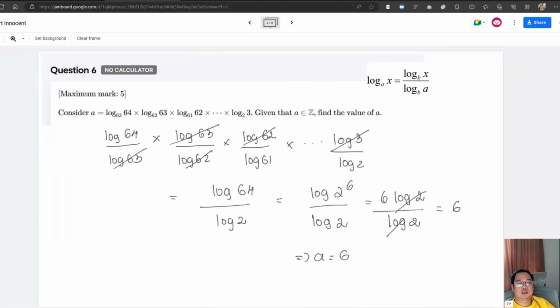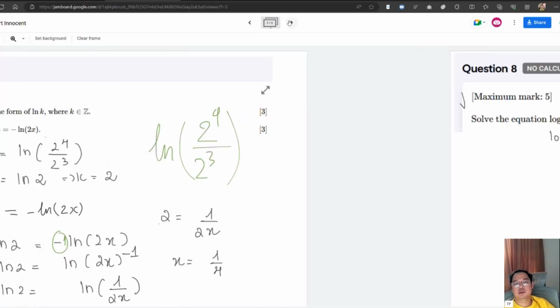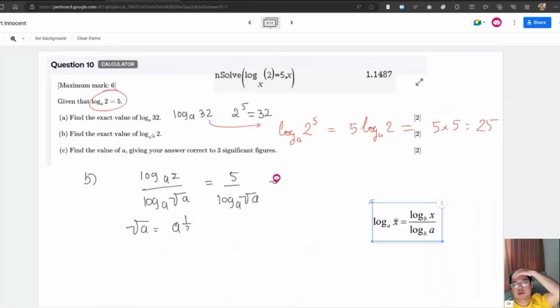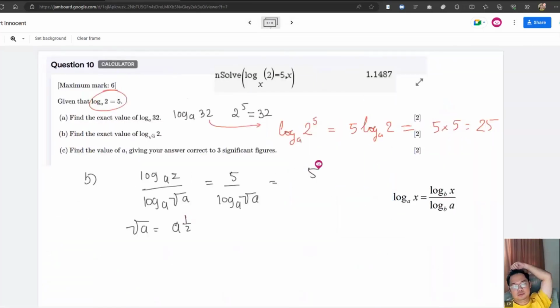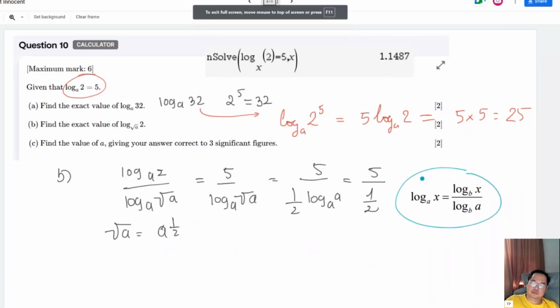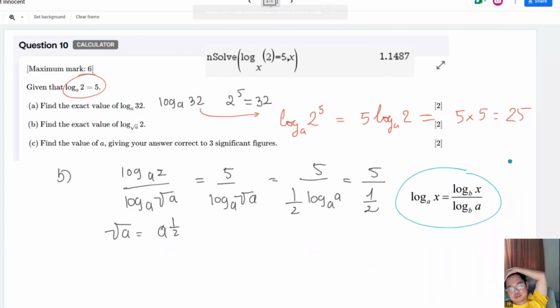Here, let me copy that formula again. It's not here, sorry. Here. Yeah, that's 5 over 1/2.